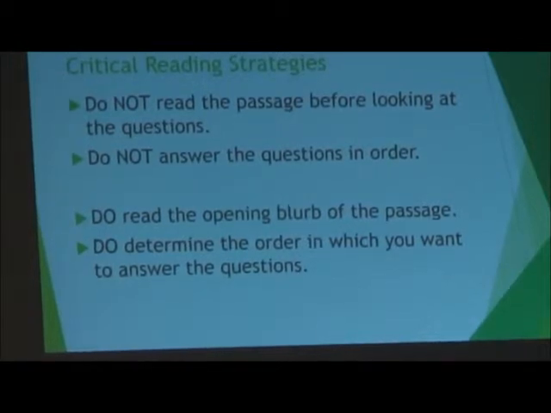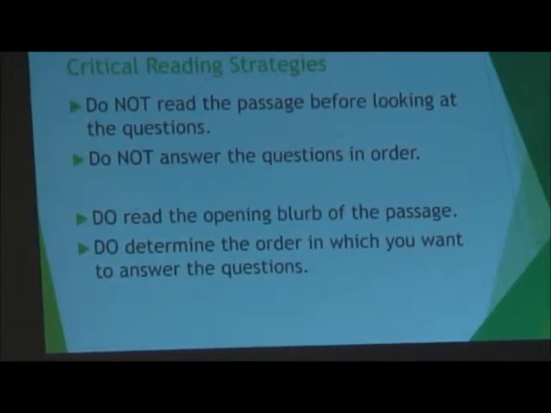How many did you guys get? 6, which ones? 16, 17, 18, 19, 20. Okay. So you've got 6 out of the 10 questions, right? Those all have line numbers in them.